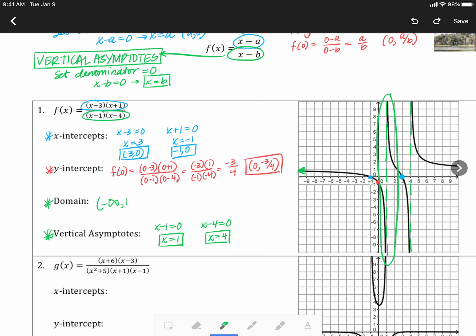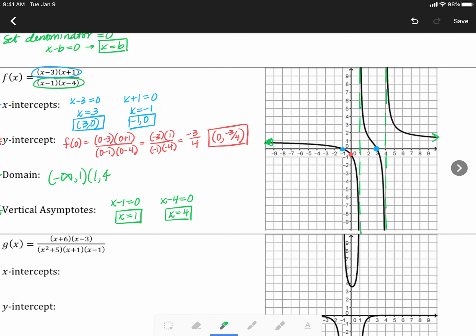It picks up again immediately after 1. But it stops again at that second asymptote, 4. And then it picks up again after that asymptote, and it does head out to positive infinity.